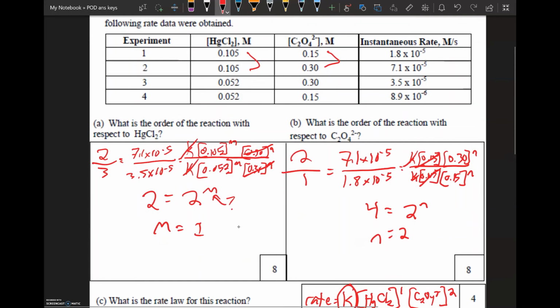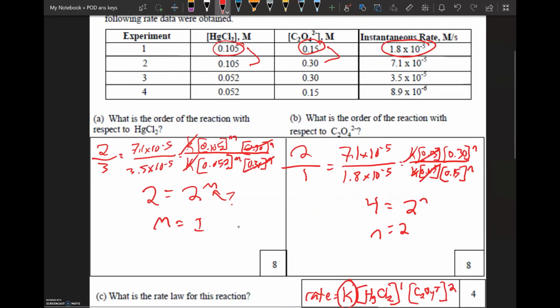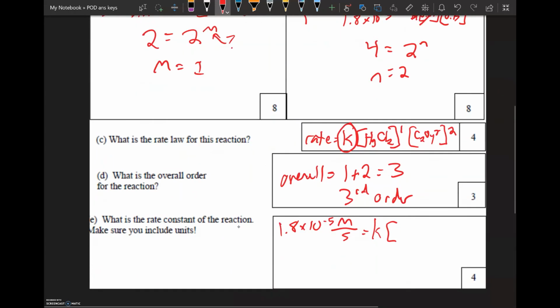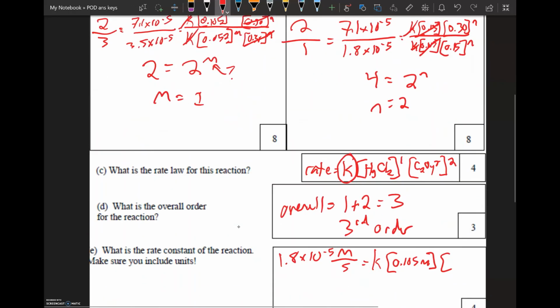We take the information from experiment 1 and plug it into the rate law and rearrange and solve for k. So you have 1.8 times 10 to the minus 5, and units are important here, is equal to k times 0.105 times the other one, which is 0.15.